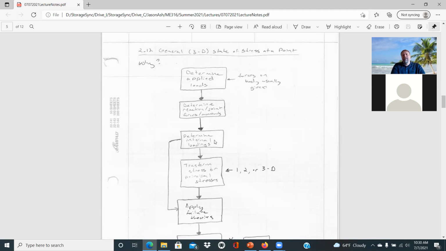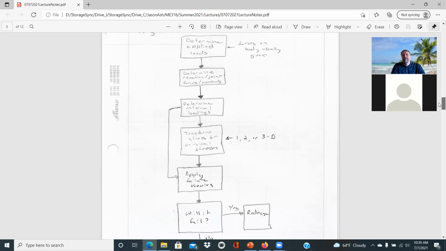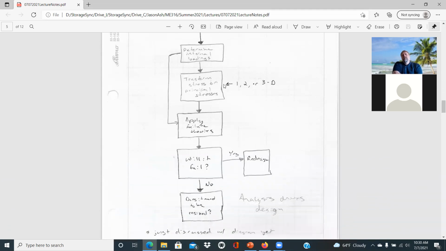And then from that, you can figure out what your internal loadings are. Once you know your internal loadings, you can transform that state of stress or find your principal stresses. And the 3D just gets more complex in doing that to determine your principal stresses. And then you can apply your failure theories based on your principal stresses.